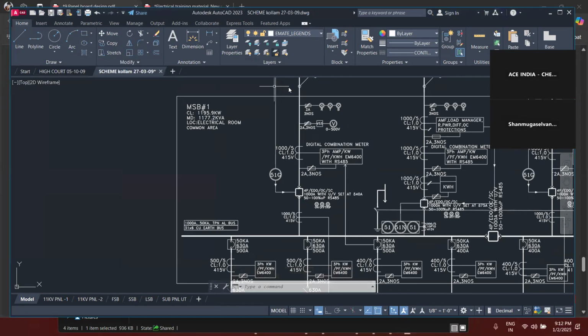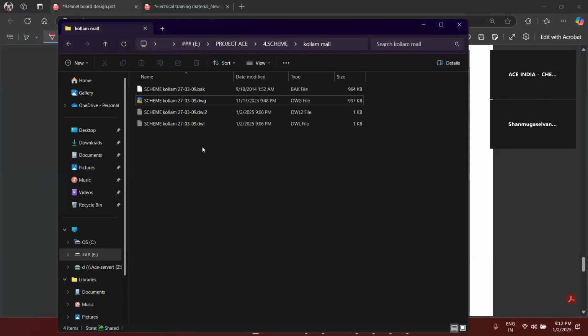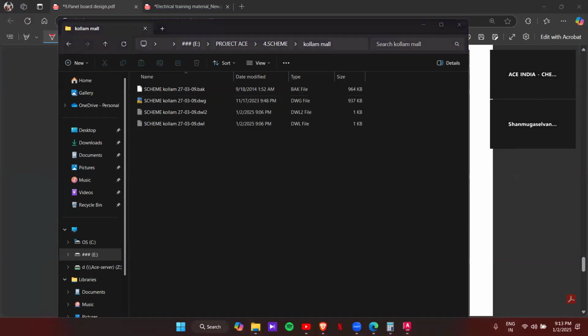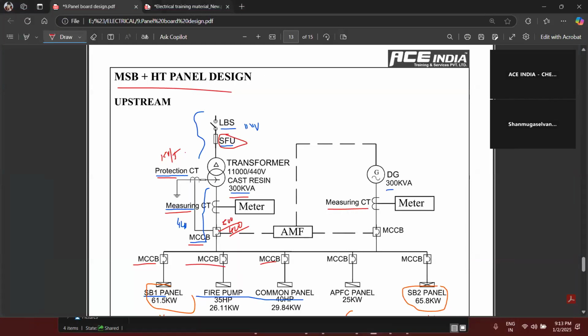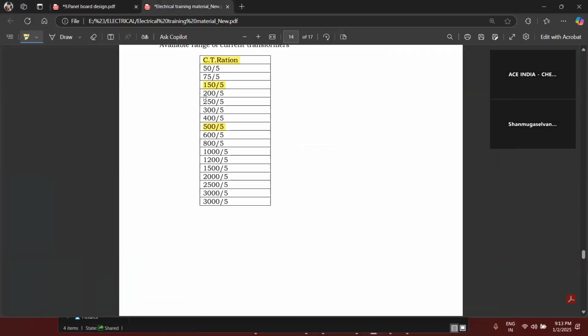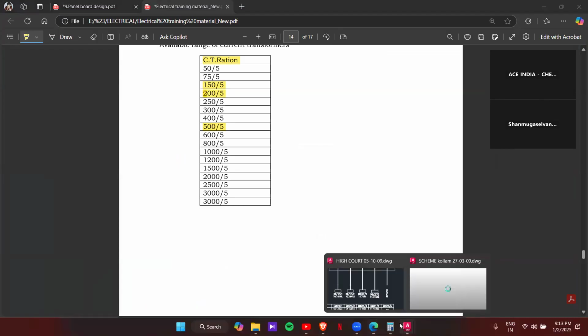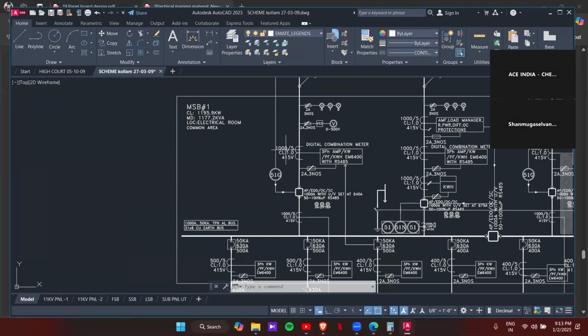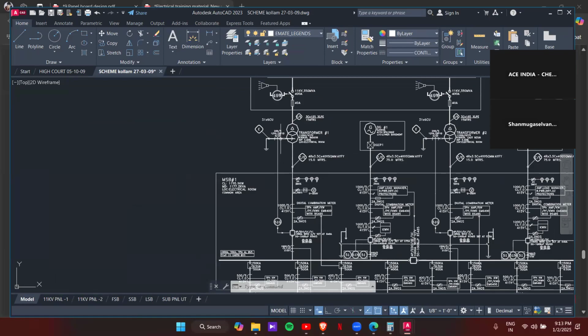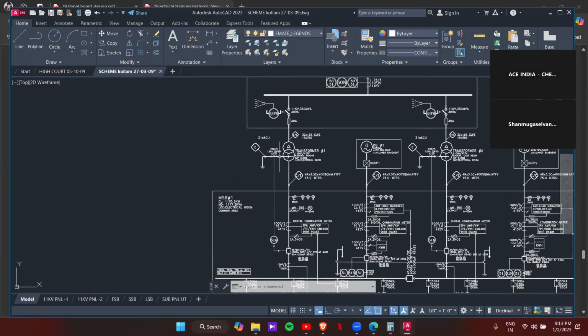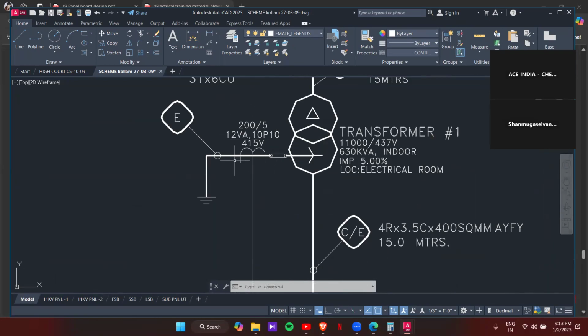After 168, next available rating is 200 by 5. So 200 by 5 is our protection CT ratio.